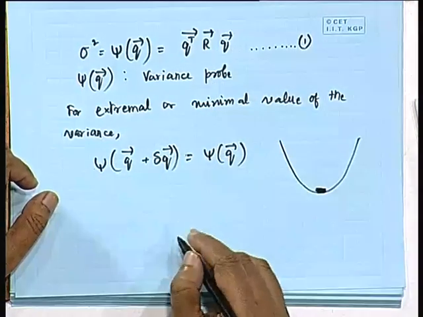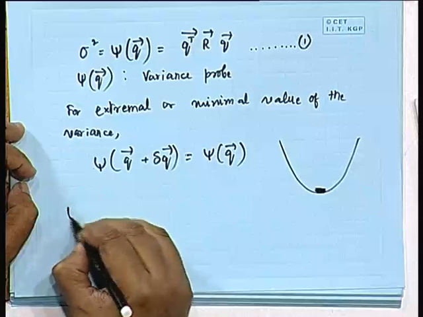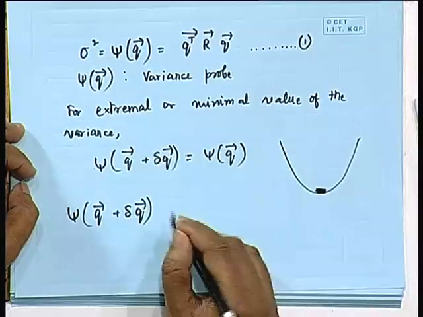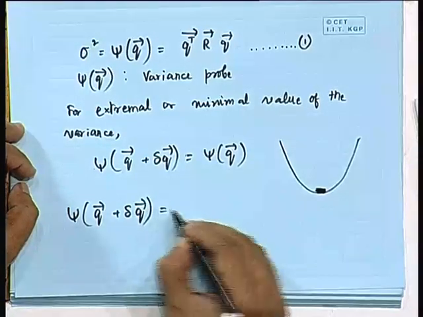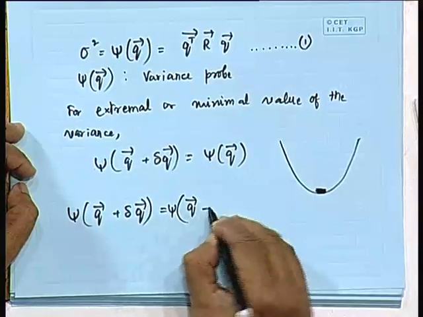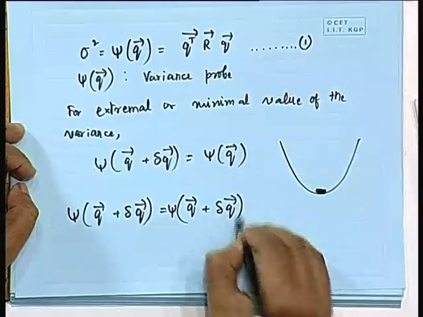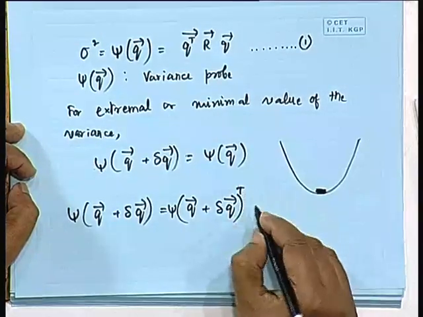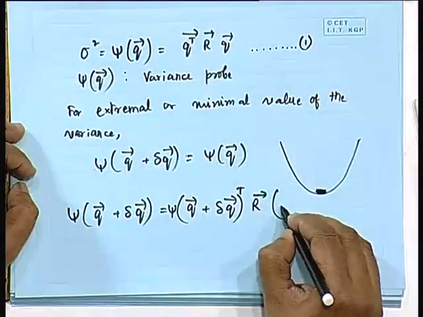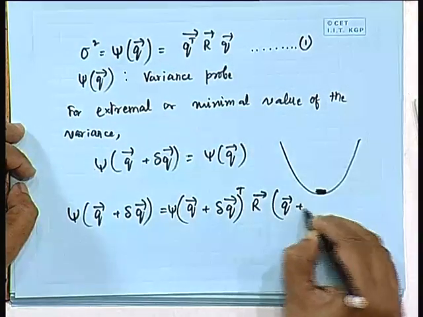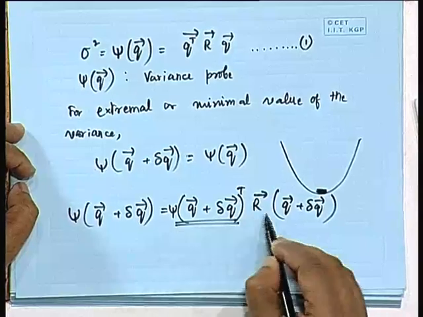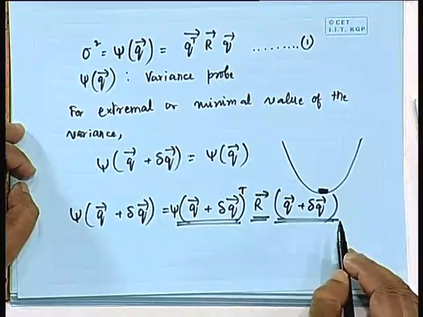So q transpose r q, how do we write it down? If we want to write psi of q plus delta q, then this becomes equal to q plus delta q, transpose r, times q plus delta q.